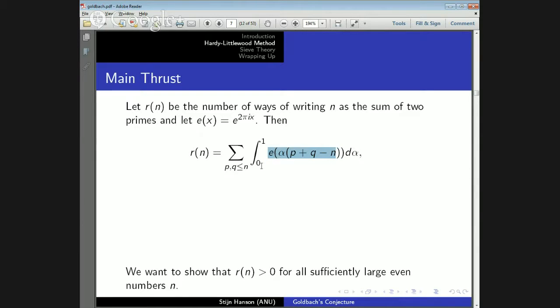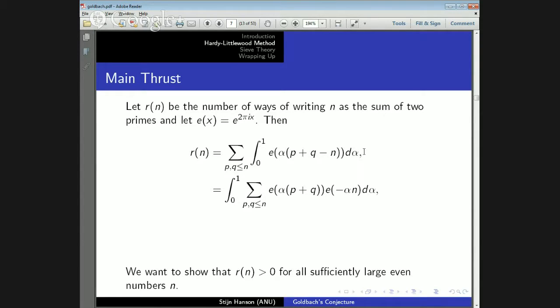So we're integrating from 0 to 1 of 1, and that gives us 1, which is nice. So for every decomposition of n as p plus q, we add 1 to our sum. But if p plus q does not equal n, then we're simply kind of going round and round a circle, and we're not actually going anywhere. Our integral is 0, so that's why this equals R of n.